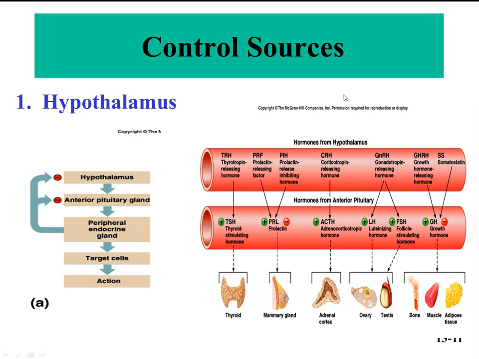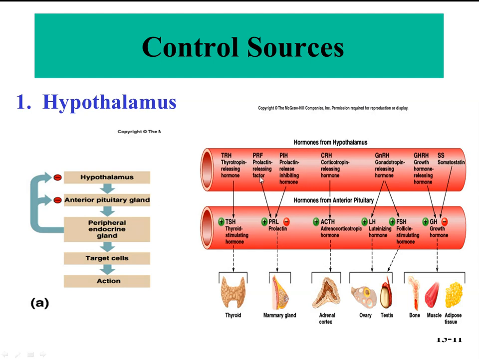Lactose is the sugar found in milk. Prolactin, so you can look at that word and you can probably guess what happens with prolactin. It is a hormone that causes the breast tissues to be stimulated to produce breast milk.